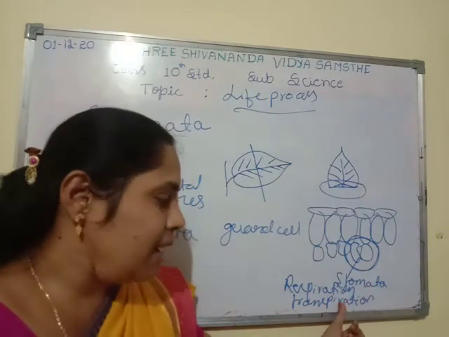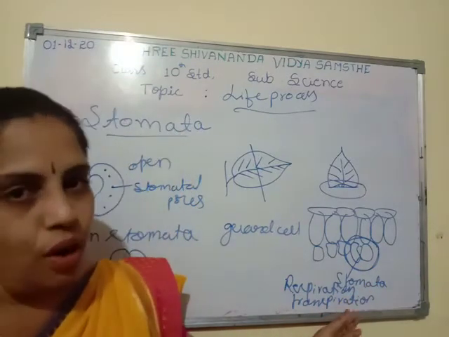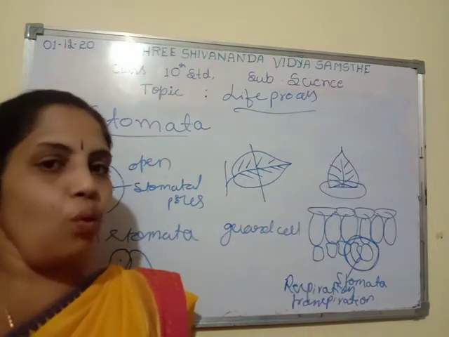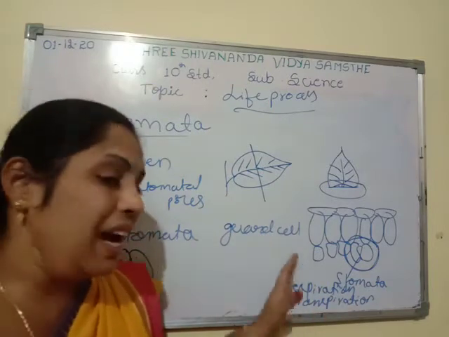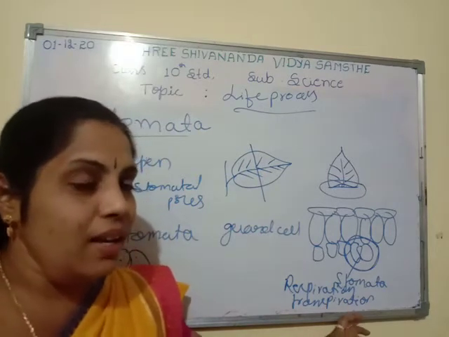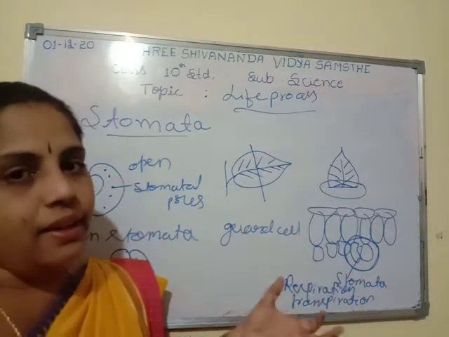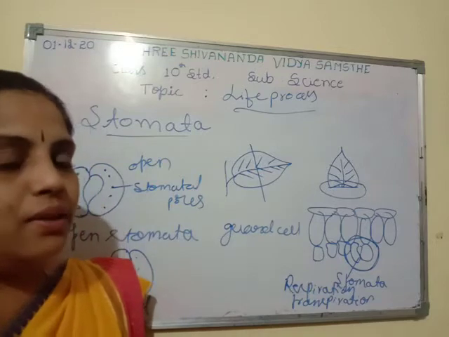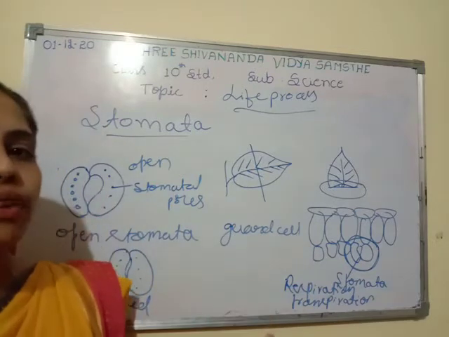What is transpiration now? It is the loss of excess water from the plant body, known as transpiration. If the plant takes in excess water into the body, that should also be expelled out from the body.